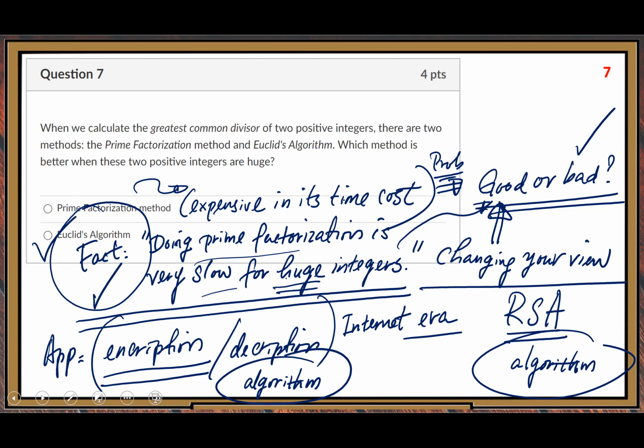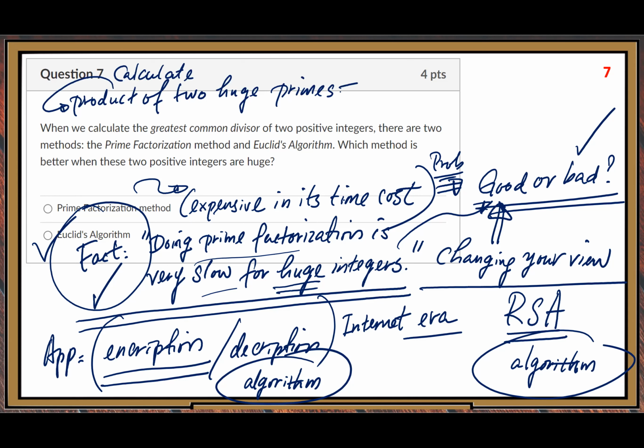To do that, you just multiply two large prime numbers, the product of two huge primes. Calculating the product is easy, right?